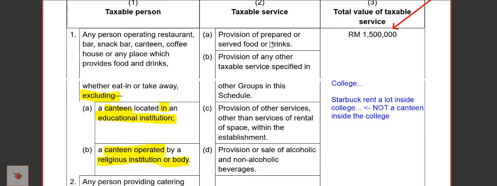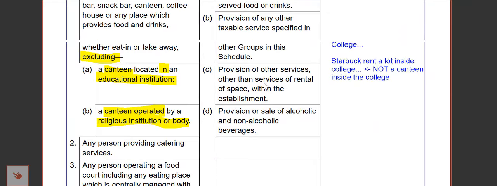Now the food and drinks and the rest of other services. Now it goes on and says provision of any other services other than service or rental of space. Okay, any other service other than rental of space within the establishment.